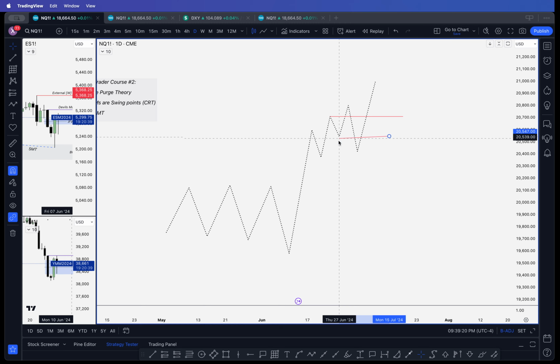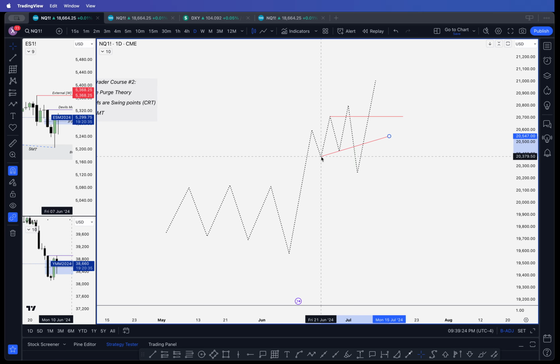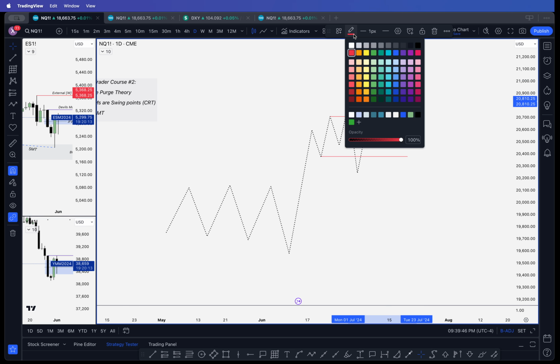All right, let's just make this a little bit lower. Something like this. And this would be your double purge, wherein you take the side of liquidity you are going to be eventually targeting, followed by the side of liquidity that opposes that higher time frame draw on liquidity, before eventually creating a low resistance liquidity run to this high.